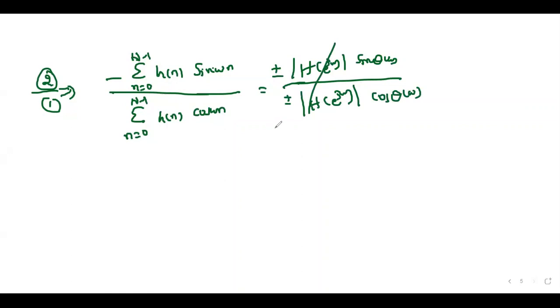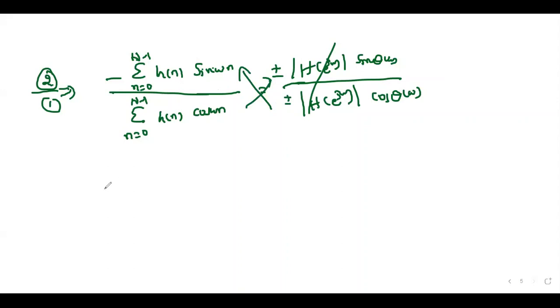Here these two cancel. Therefore, this is equal to tan theta of omega, but we don't write tan theta of omega because if this is constant, simply we can take theta of omega is equal to tan inverse of this, but it is not a value. It is again an expression. So in order to simplify that, I will do cross multiplication.